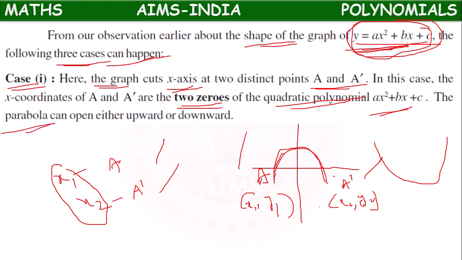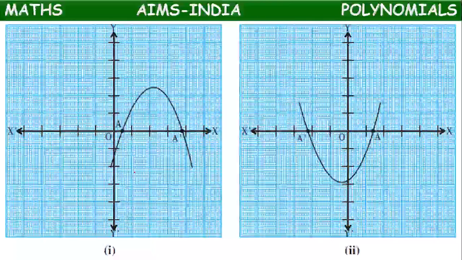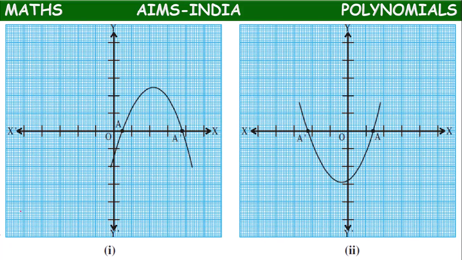The parabola can be either upward or downward. That is case one. It may be either downward or upward, but it intersects the x-axis at two distinct points, one is A, another one is A dash.